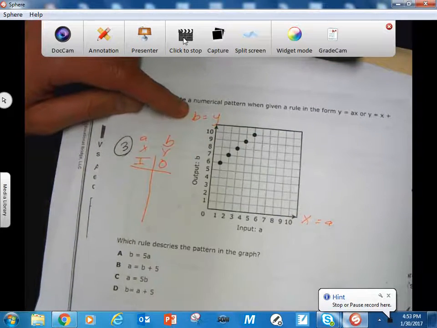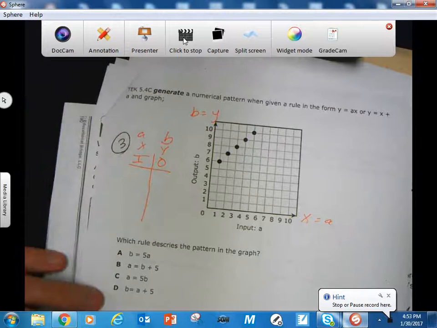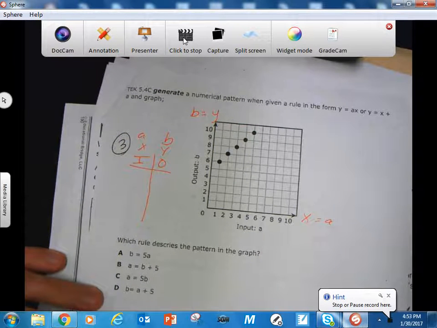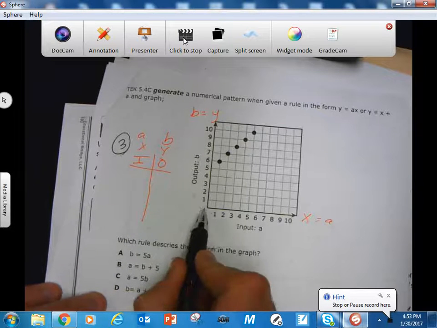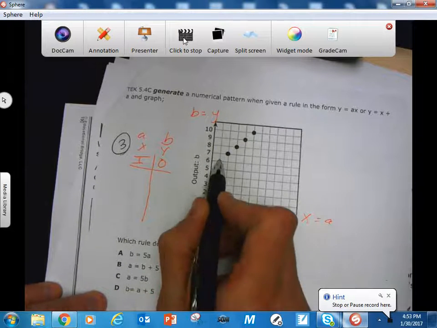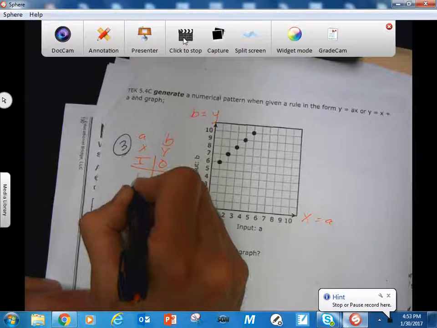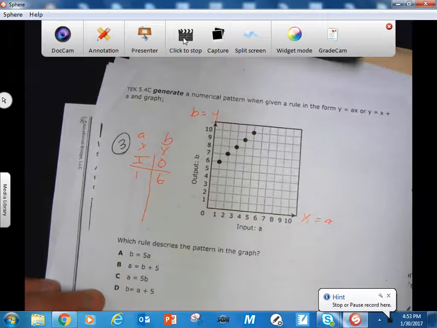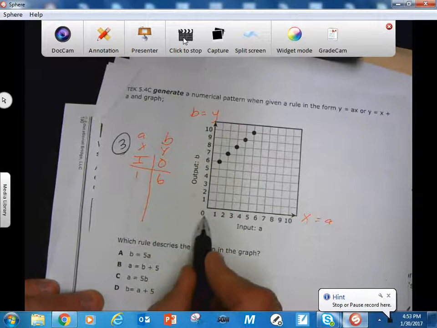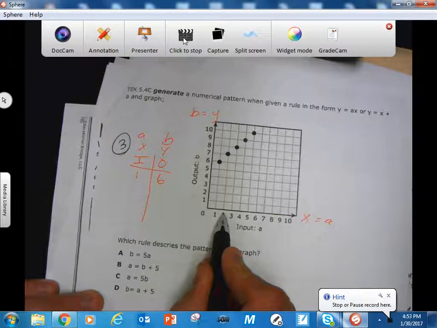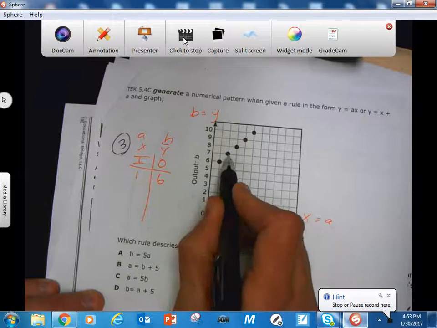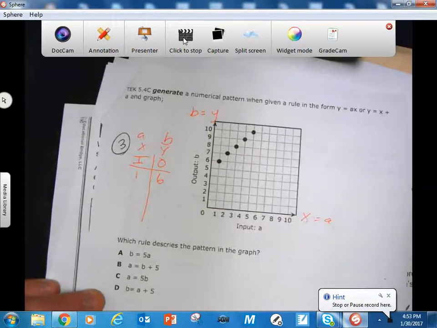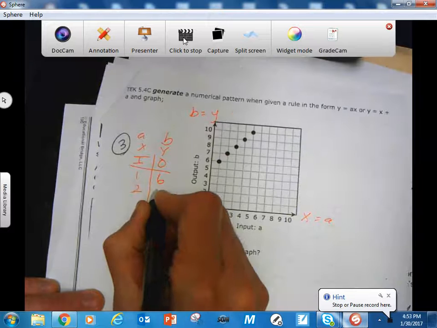We see that we have all the variables lined up and we can keep track of what our x and what our y is. So our first coordinate point is 1 over, 6 up. 1 input, output 6. Our second point is 2 over on x and 7 up on y.